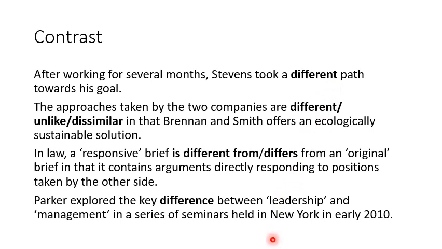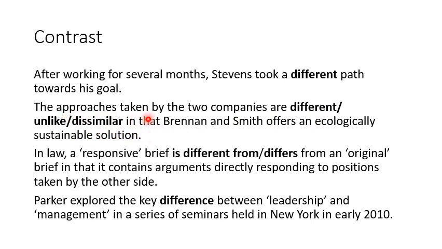Also, in the same direction, the approaches taken by the two companies are different, same as here, are different, unlike, dissimilar. These are three words used in contrasting, and the structure of the sentence with these three words is exactly the same.